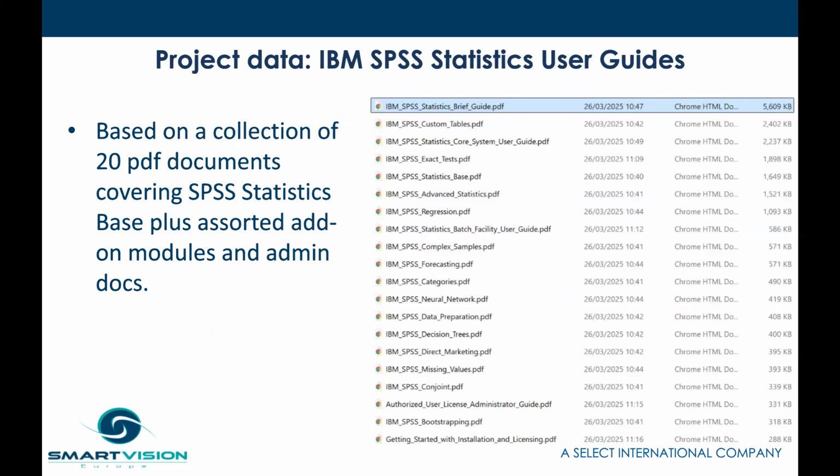The initial version one of our ChatSPSS RAG solution is based on a collection of 20 PDF documents covering SPSS Statistics Base plus assorted add-on modules and admin docs. There's a lot of docs around just SPSS, because SPSS has a lot of modules. There's working with the software itself, the administration of the software, but also a lot of concepts around statistics and advanced statistics and all these different statistical methods, as well as things like licensing.